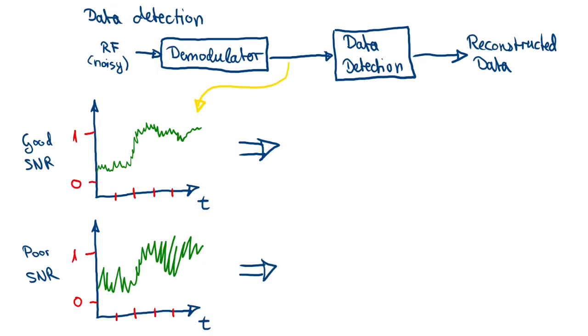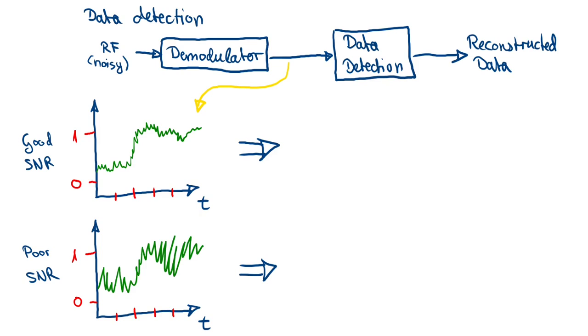On the receiver side, the inverse process is done. So there is a demodulator here, which gets the signal from the RF front end. So it's, for example, a down-converted signal.